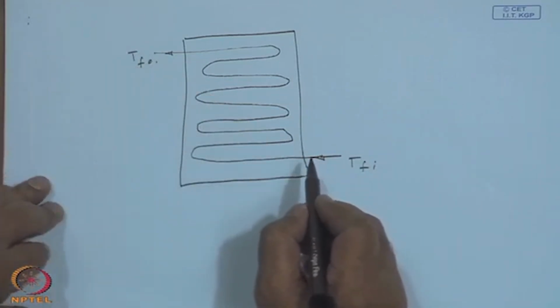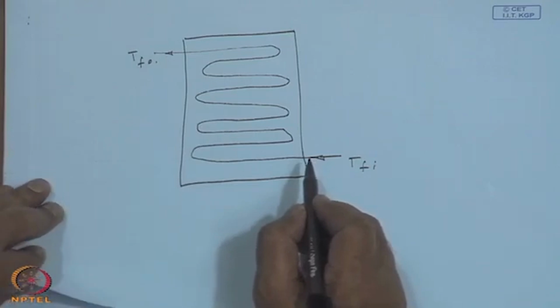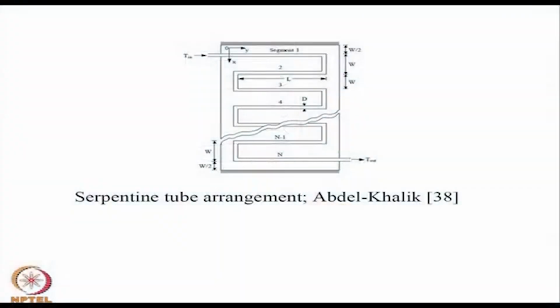Now, this picture you can see for segment 1 and segment 2 with the appropriate dimensions, or you can refer to any textbook, for example, by Duffie and Beckman, to see the picture in clarity.